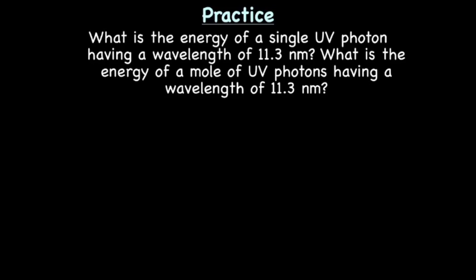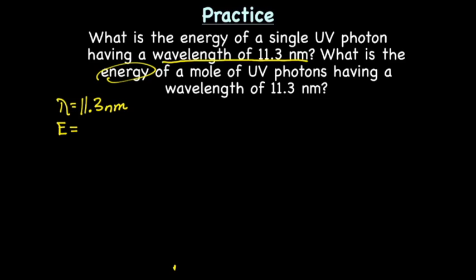All right, let's start with the first one. Let's list what we know. We know its wavelength is 11.3 nanometers. So wavelength equals 11.3 nanometers. And we're trying to find the energy.